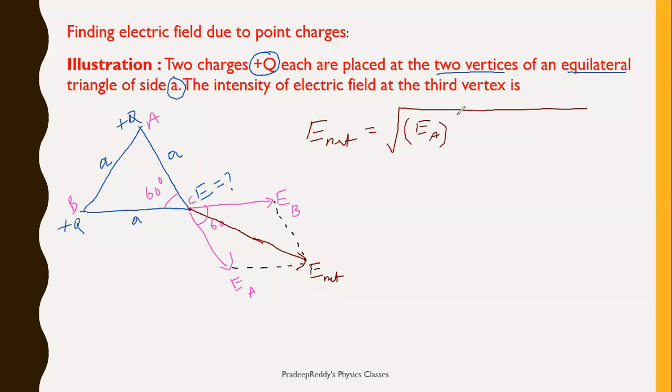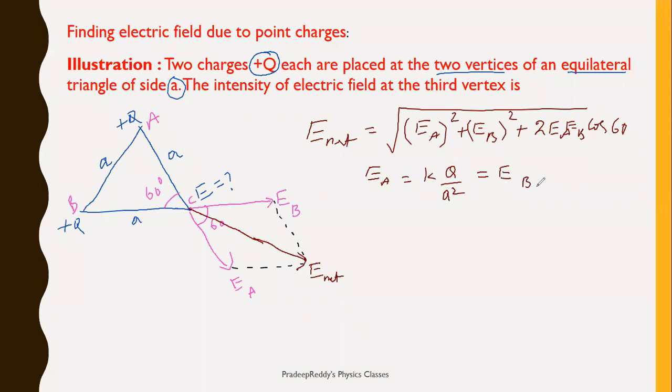EA whole square plus EB whole square plus 2 EA EB cos 60. Right? Now you can write EA as K Q divided by A square, because the separation is A, where K is 1 by 4 pi epsilon naught. Charges are also the same, and this magnitude will be equal to EB.